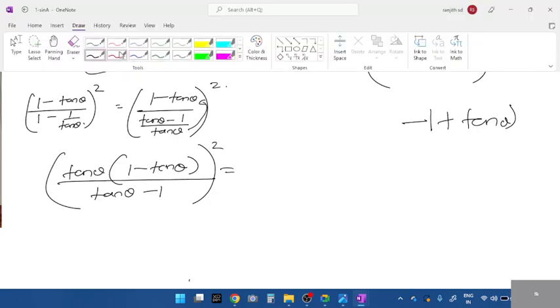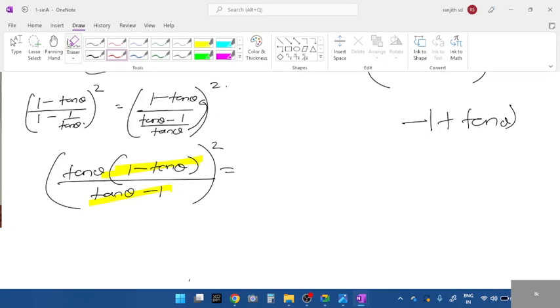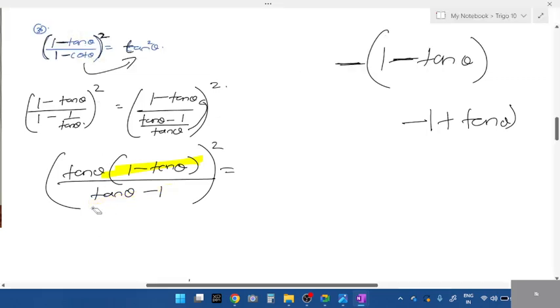Now if I eliminate these two values, what are the values left? Are we getting the answer? On the right hand side, are we getting the value tan square theta? So you have to think about that. Think and answer, students. Are the values same or different? No, they're not same.